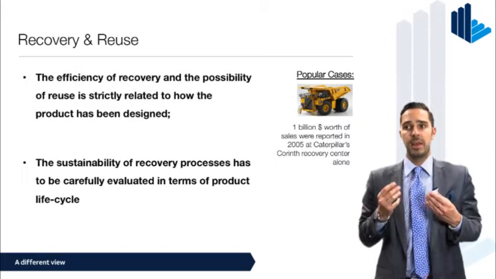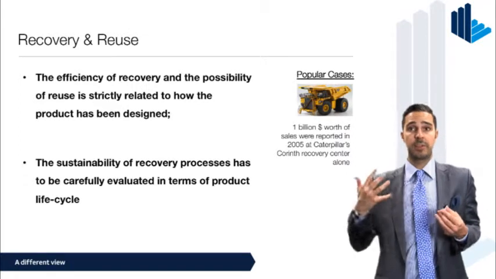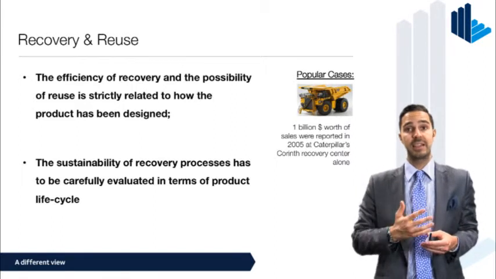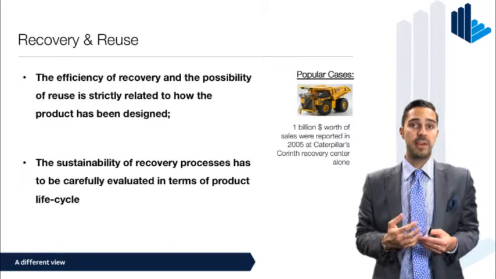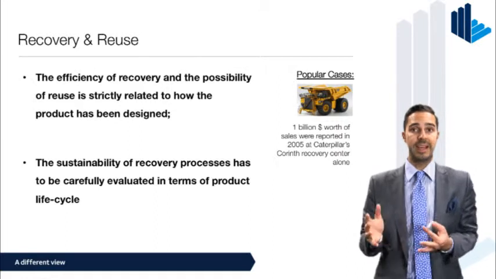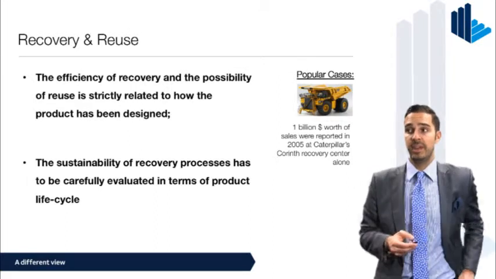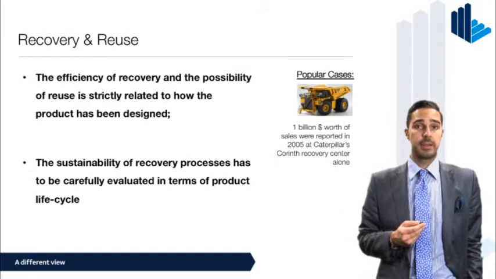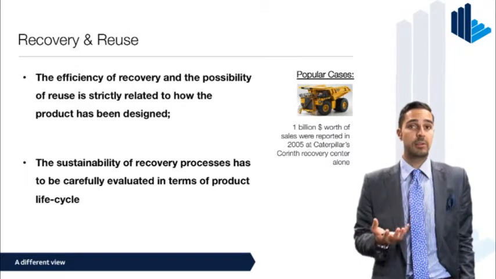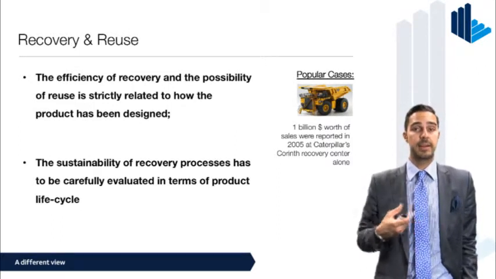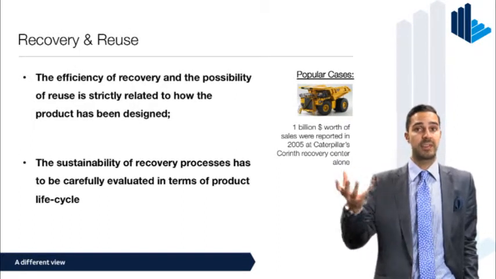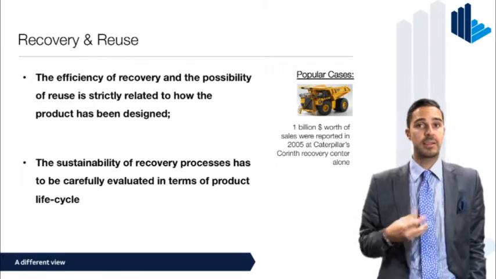This is important because in order to be able to establish these recovery and recycling processes, often companies need to redesign their products in order to plan for that. A good example is the company Caterpillar. They really placed a lot of effort to redesign their machines in order to prepare them for disassembly and the recovery of materials at the end of the life.